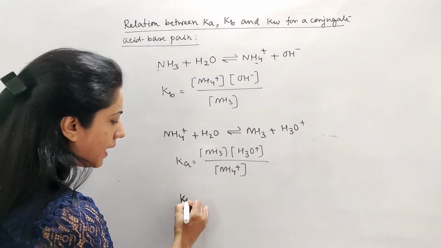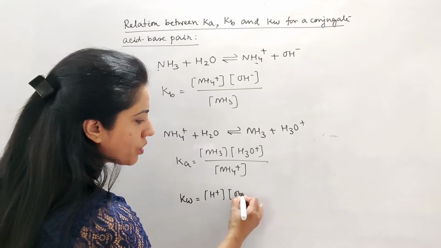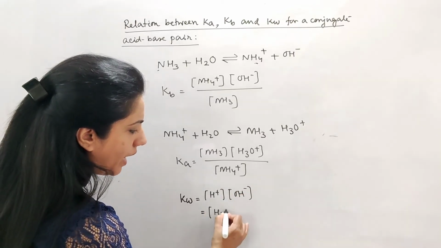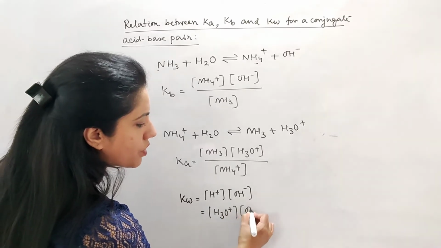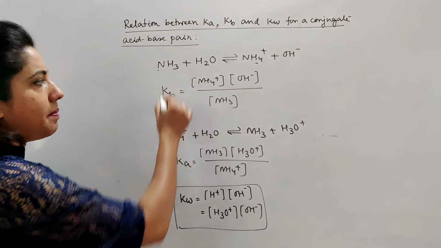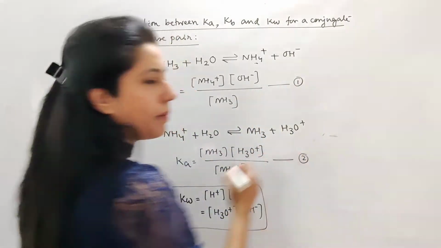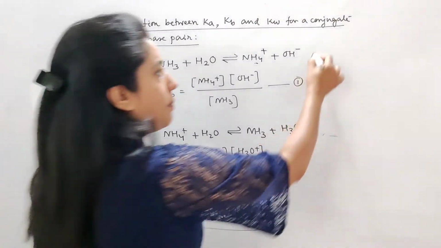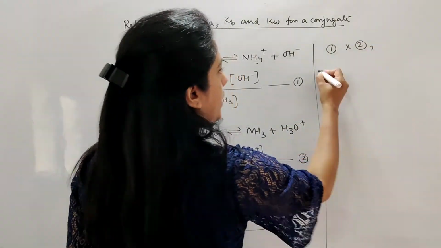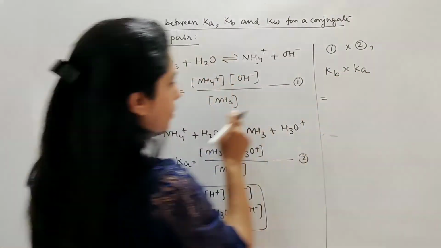Now we also know that Kw is equal to concentration of H plus into concentration of OH minus, or you can also write concentration of H3O plus into concentration of OH minus. This already we know. Now just multiply these two equations. This is your equation number 1, this is your equation number 2. Let us do 1 multiplied by 2. So that is your Kb into Ka. Let us write the value.